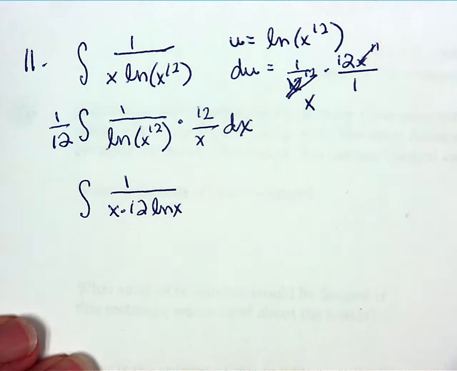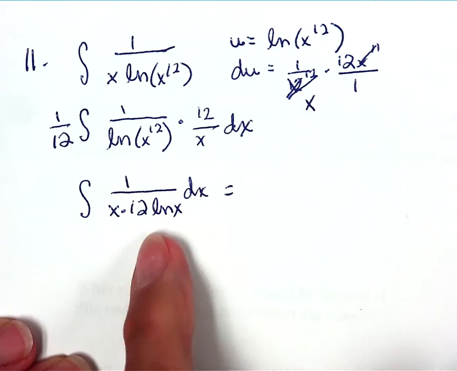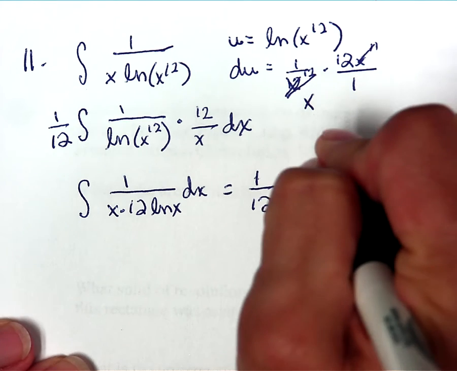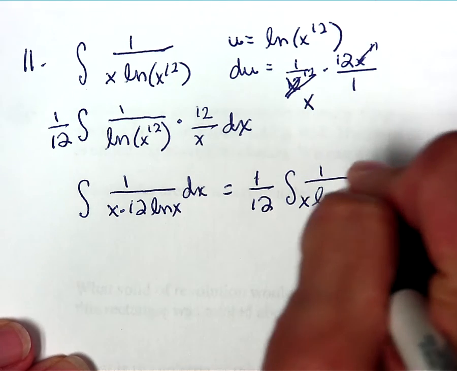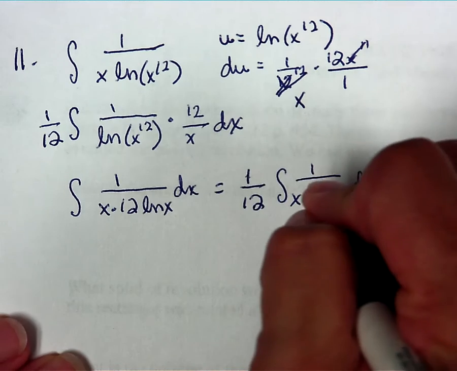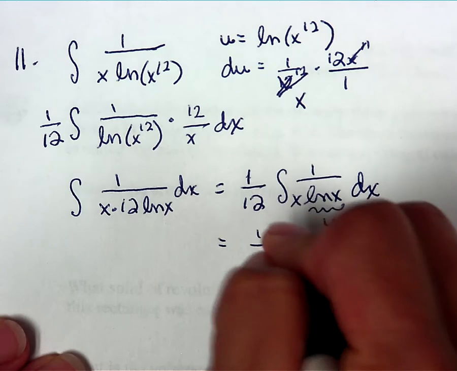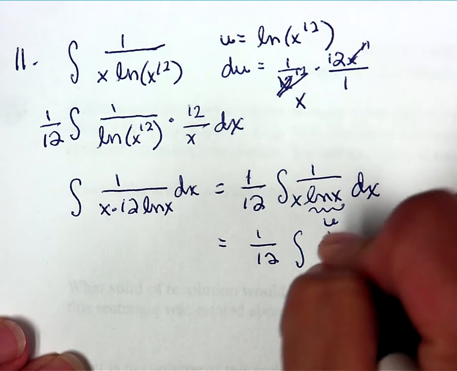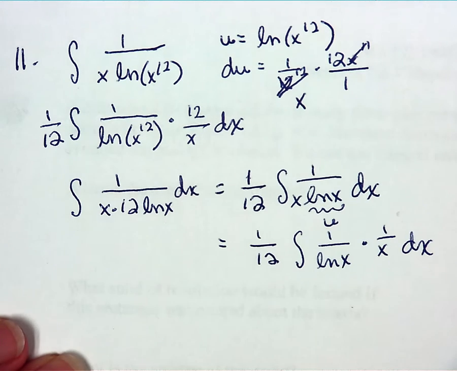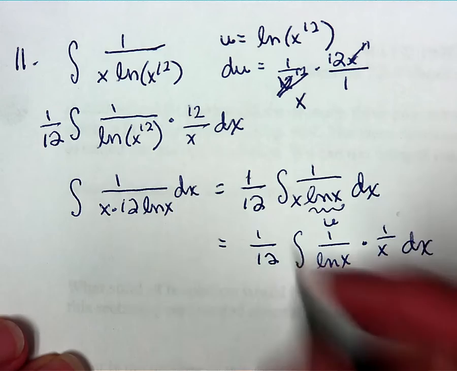And that's even cooler, because you can bring that 1/12 out front and have 1 over x natural log of x dx, and then u is just natural log of x, and du is 1 over x dx. So there's your same 1/12 that I got.